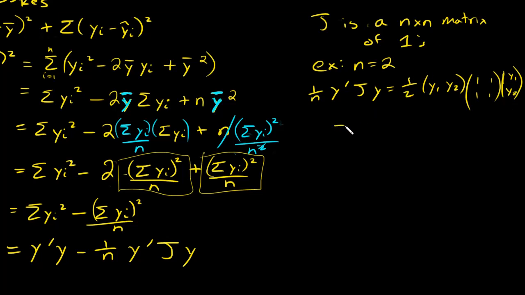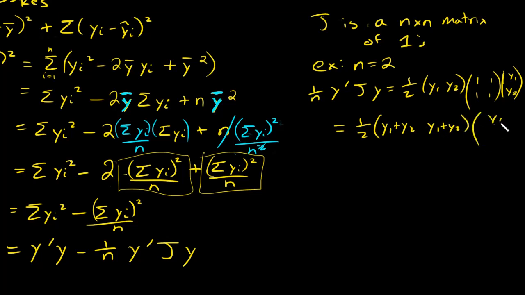Now we can do some matrix multiplication. We have one half times: y1 times 1 plus y2 times 1, so y1 plus y2. That's the first element. The second element is y1 times 1 plus y2 times 1. So that's the second element.